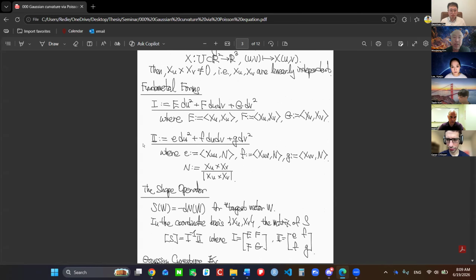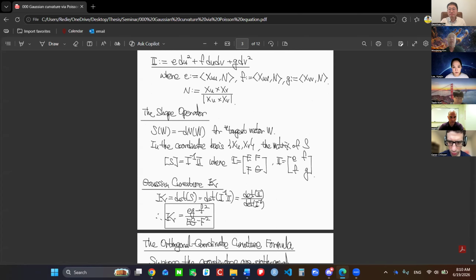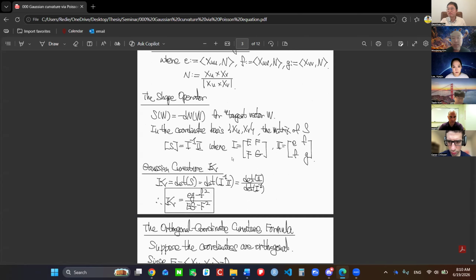And this is the second fundamental form, and we use this metric. In this case, we need a unit normal vector, so we can find the unit normal vector in this expression. And the next one is the shape operator. The shape operator is defined like this, and the sign is negative. This is for every tangent vector W.